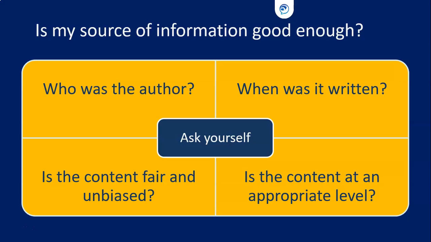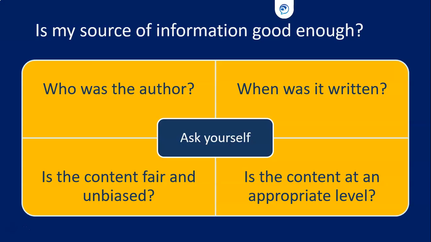Look to see if the content is fair and unbiased. If there is any bias in the content, you need to acknowledge that and possibly try and verify the results from another source to make sure that they are fair. And finally, look at the content and the level. Are they actually appropriate?